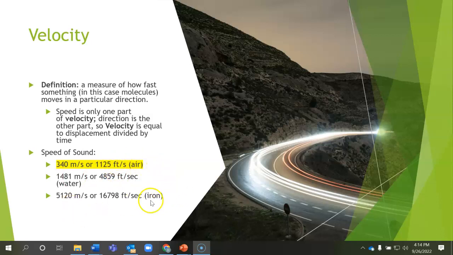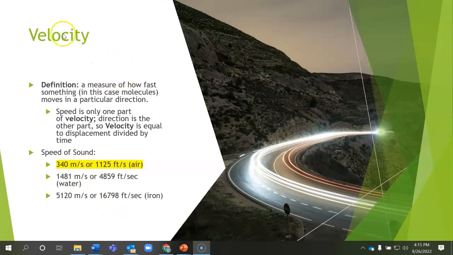And then we can look at a solid, and in this instance it's iron. So this will differ with each solid, and the skull is pretty similar to this, not quite as fast, but still similar. And you'll notice that in iron, sound travels 5,120 meters per second, which is 15 times what it travels in air, and approximately 16,798 feet per second.